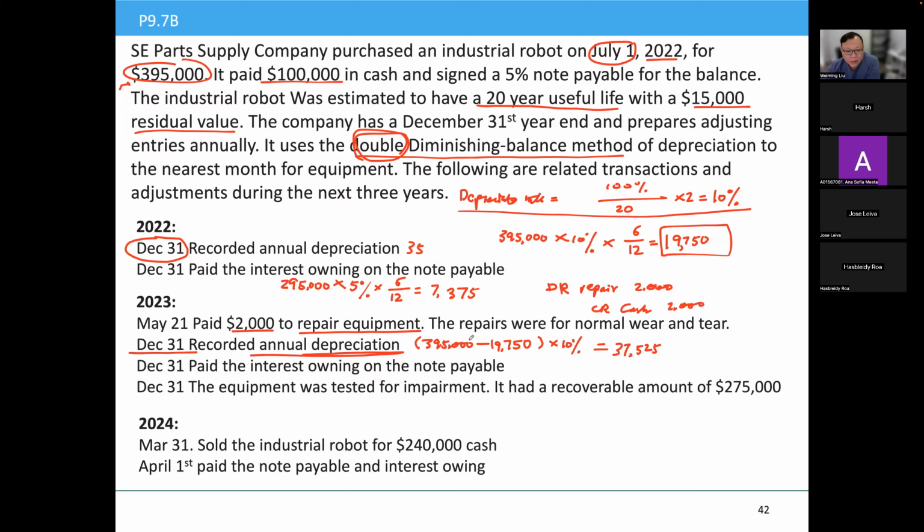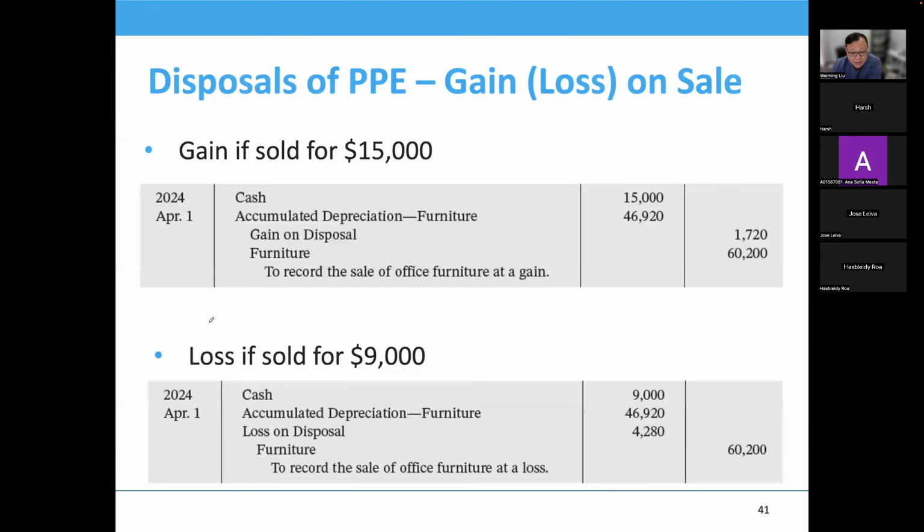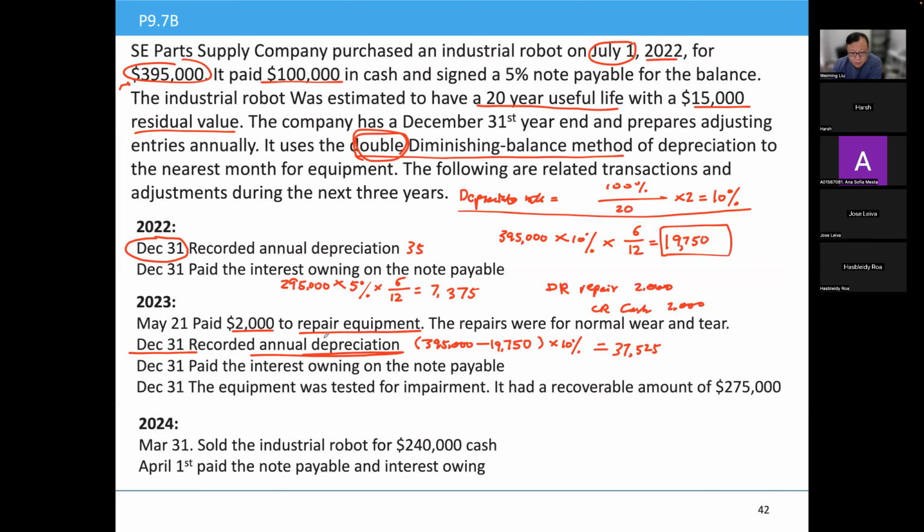Okay, so we are okay with this. And then December 31st, paid the interest owing on notes payable. We know that the notes payable, 295,000 times 5%, right?